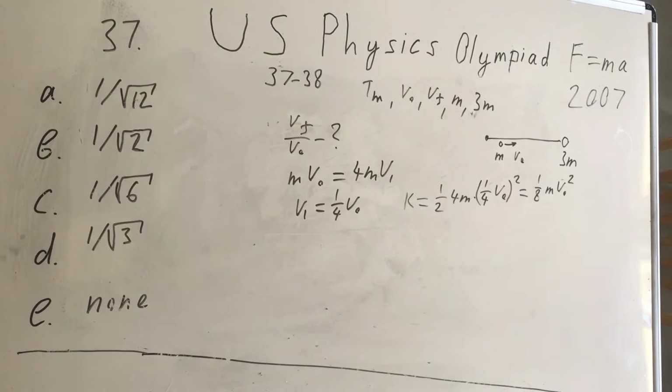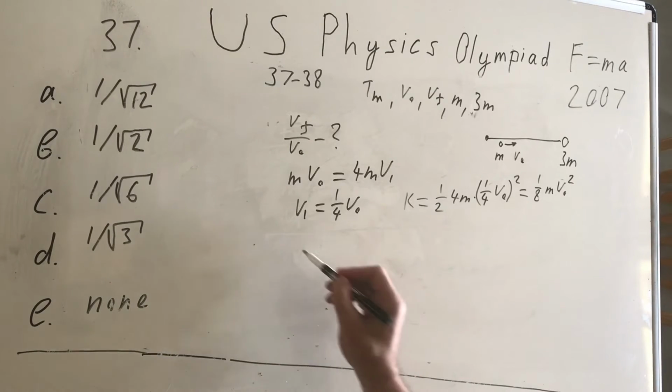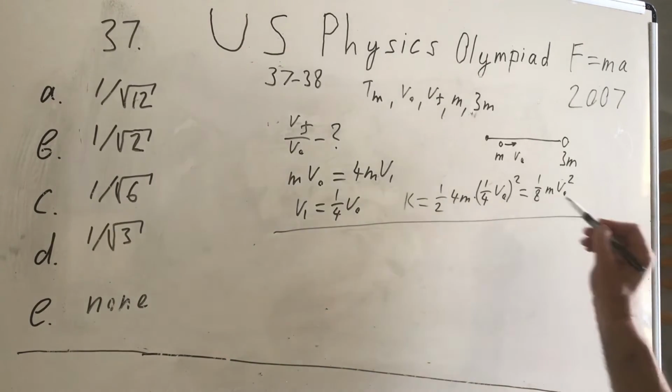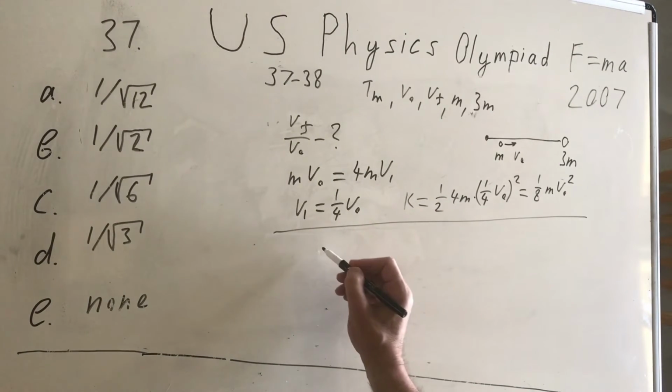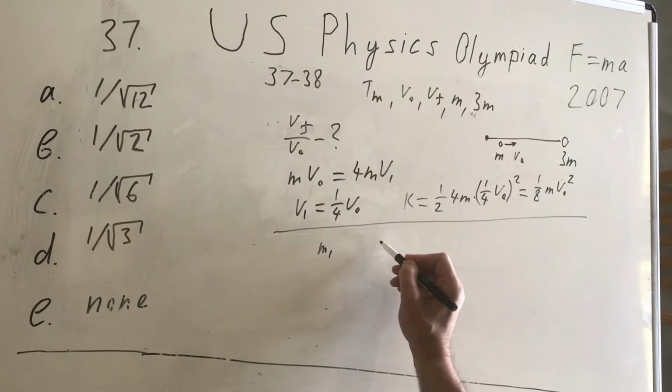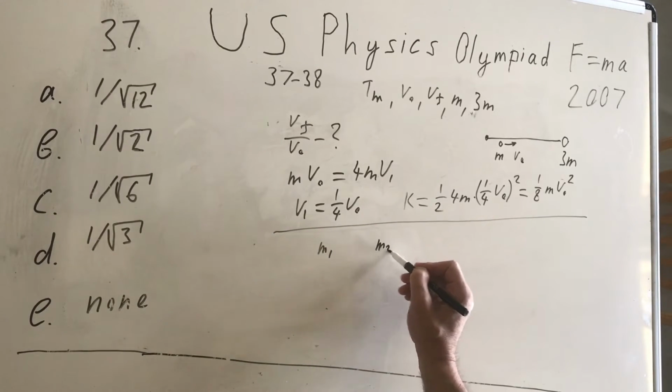So we have this information about the maximum possible potential energy for this cord, which we can use in the second step. So second step: we have a perfectly elastic collision of two masses. One is moving and the other is not moving.